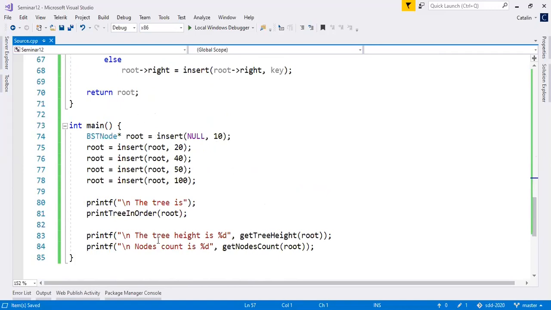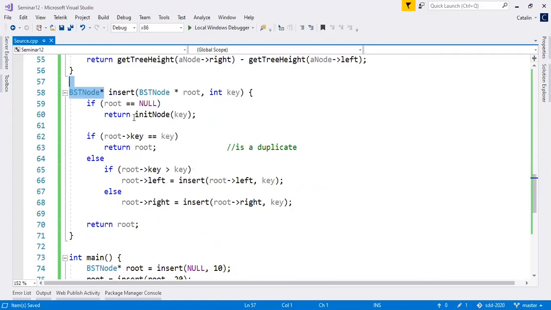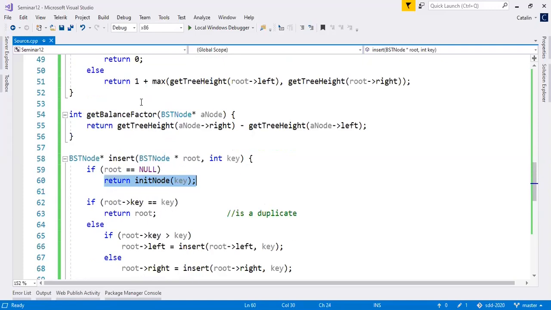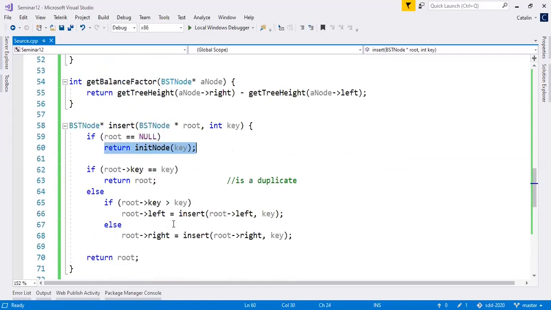So in order to rebalance the tree, when we get back from the location where we inserted the node, each time we need to recompute the balance factor for the current node. Insert will call on left, on right, and after that you get it back. So let's try to visualize this.